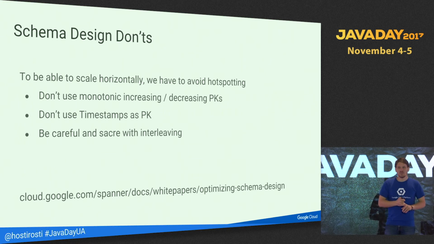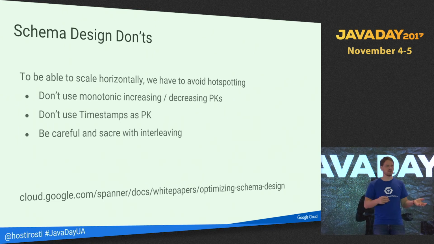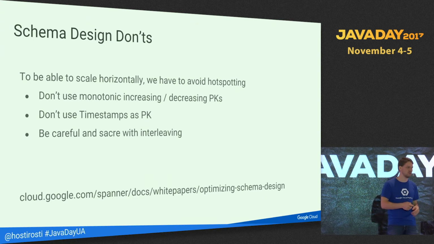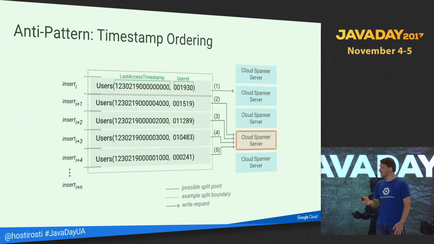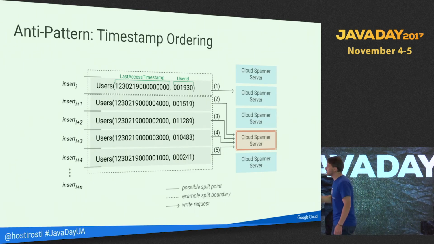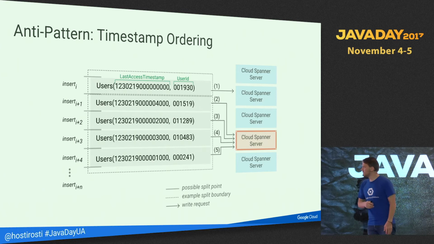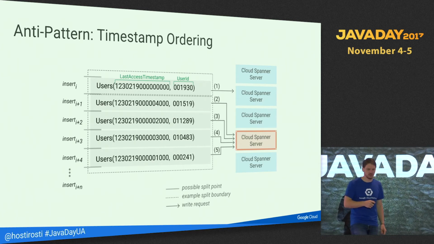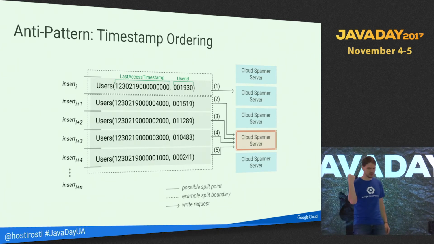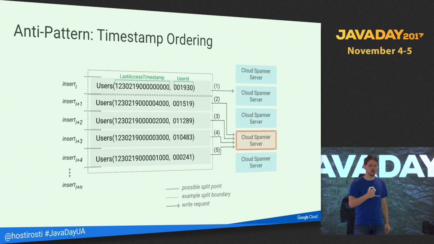The same is true for things like increasing or decreasing primary keys. Another example for that is a timestamp. If you have a timestamp as a primary key and you insert a lot of data or you update a lot of data, how would that look? Here in this example, I have a user table, and I've chosen the last access time timestamp as the primary key.